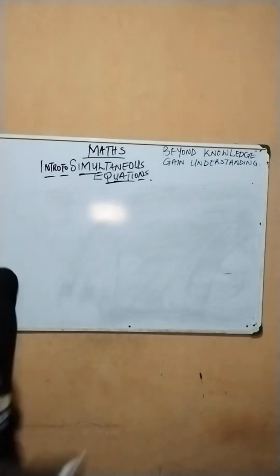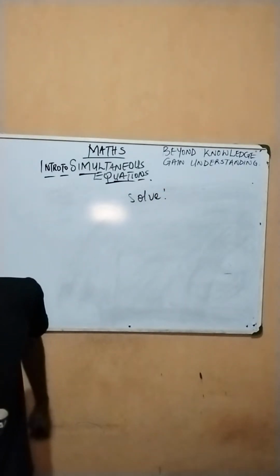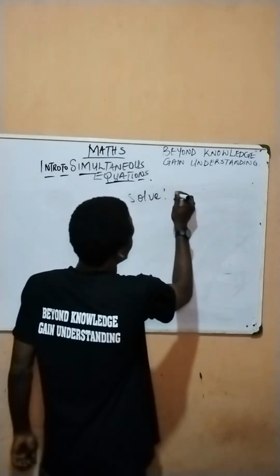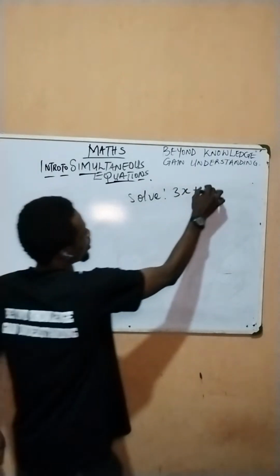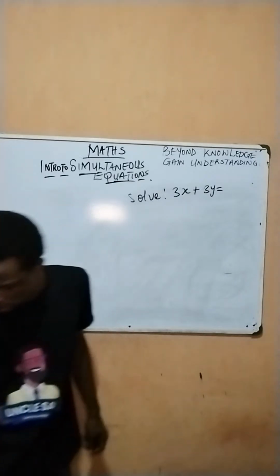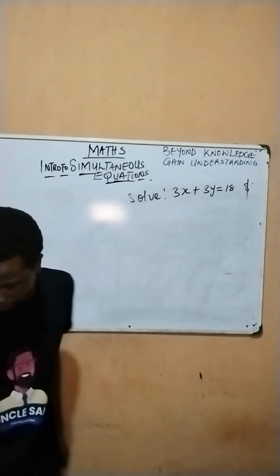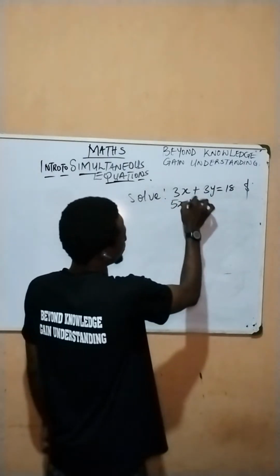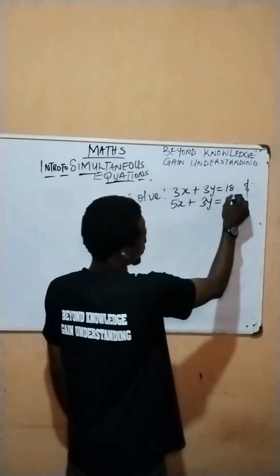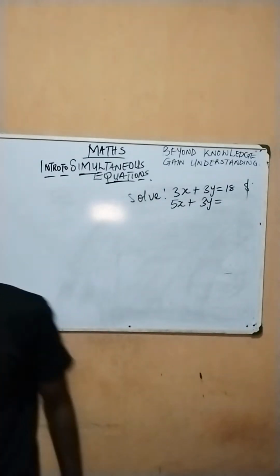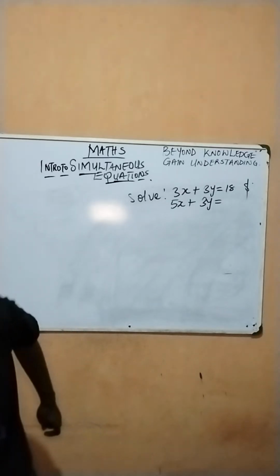Okay, so I'm going to write out another question. Solve 3x plus 3y equals 18, and 5x plus 3y equals 28.